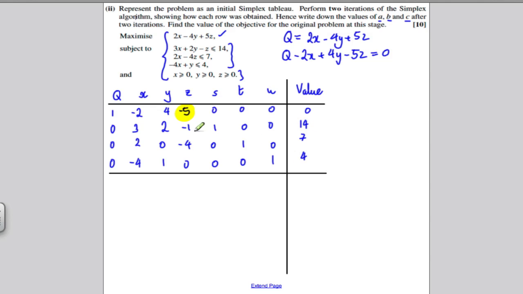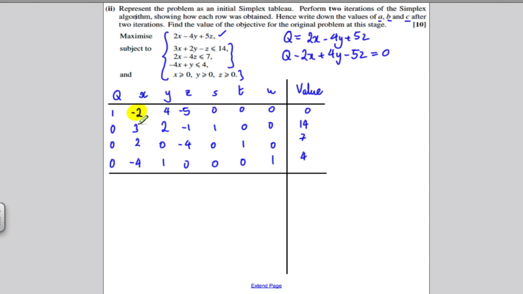Now, we ignore negatives or zeros in this column because we ignore 14 divided by minus 1. We don't take into account if it's a minus. And 4 divided by 0 is infinite. So we can't do any pivoting on that column currently. So I'm going to ignore that, and I'm going to go straight to the other negative, which is this one.